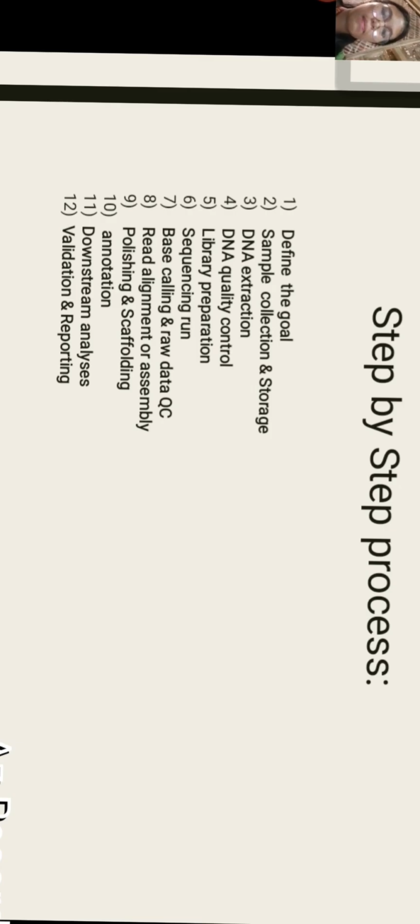Find and label the genes, proteins, and important regions in the genome. Number 11 is downstream analysis, which means doing deeper studies after annotations. And number 12 is validation and reporting. So, double check the results and write a report.